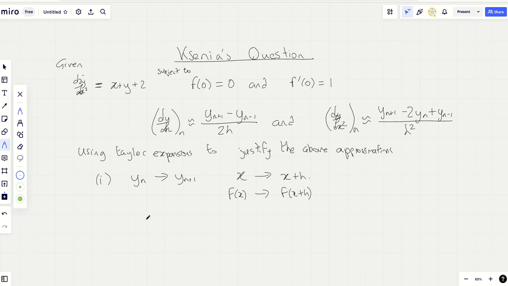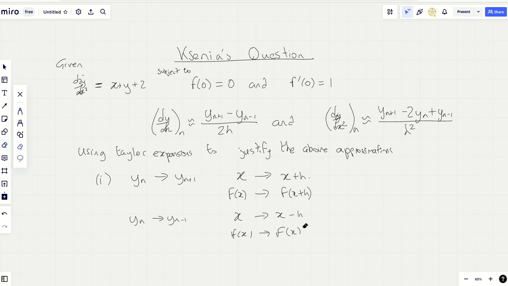That's what we're really doing. If we go back from yn to yn minus 1, that's where we're going from x to x minus h, and so f of x is going to become f of x minus h.